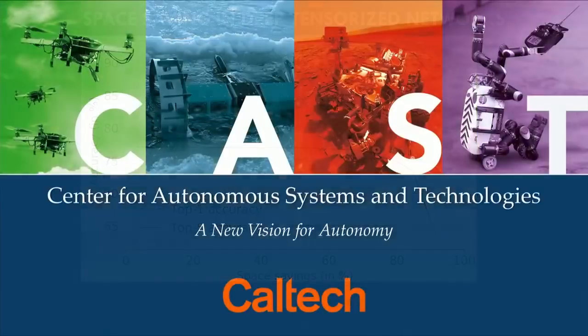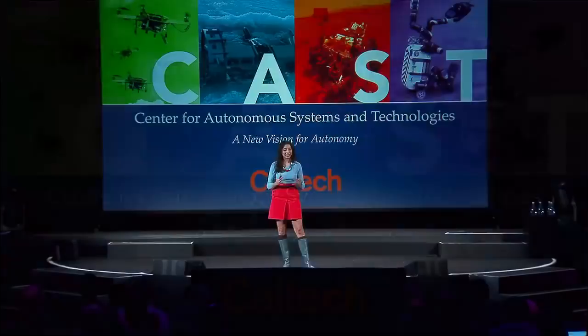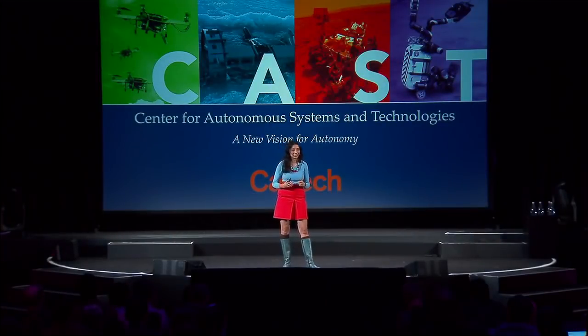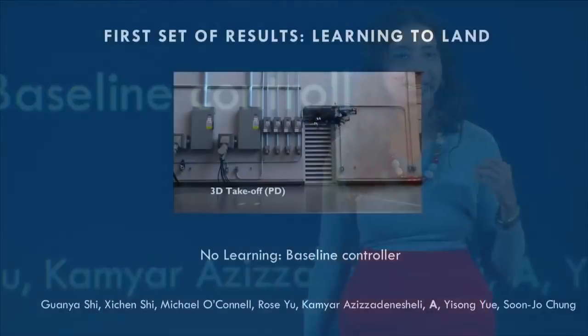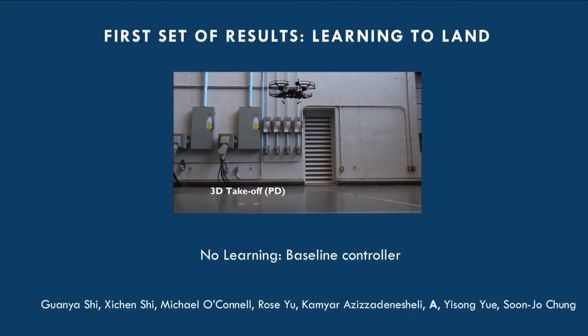So the last snippet I want to give is looking at how we can use learning to control and learning in robotics. We have this new center at Caltech called CAST, which I'm very excited about because it's really bringing these different disciplines together. And so there we are looking at how we can have better landing of drones. So this current video is without any learning.